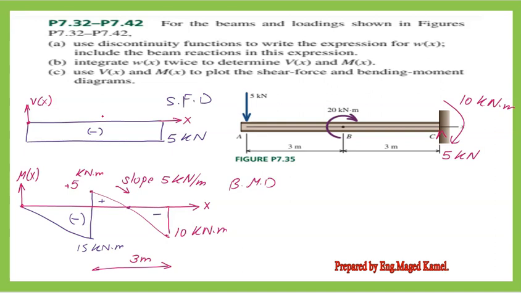Then we have 0 moment at x equal to 4, while we have minus 10 kilonewton meter at x equal to 6. Connecting plus 5 to minus 10, we have a slope of minus 5 kilonewton per meter. Since we have 3 meters, we have a drop of 15, going down from plus 5 to minus 10 kilonewton meter.